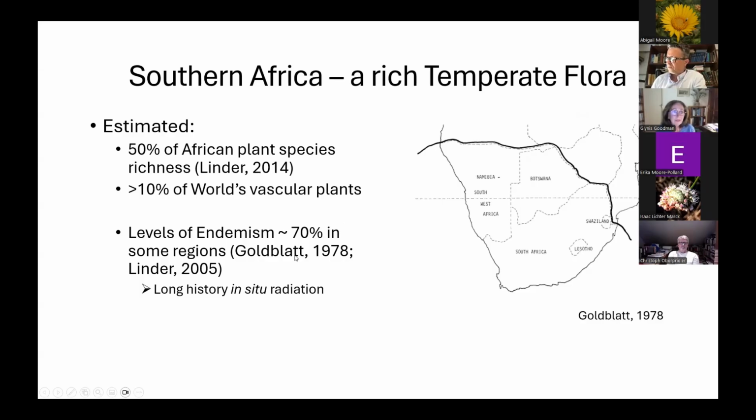They have about 50% of the African plant species richness, according to Peter Linder's 2014 paper, and more than 10% of the world's vascular plants. The levels of endemism are also very high. Portions of this flora have more than 70% endemism, which is thought to reflect a long history of in situ radiation.